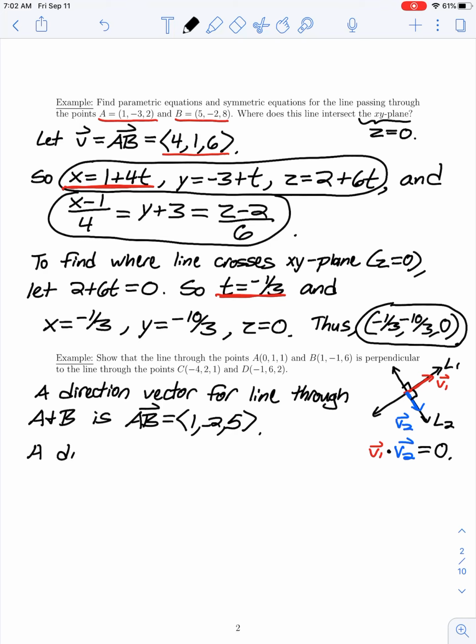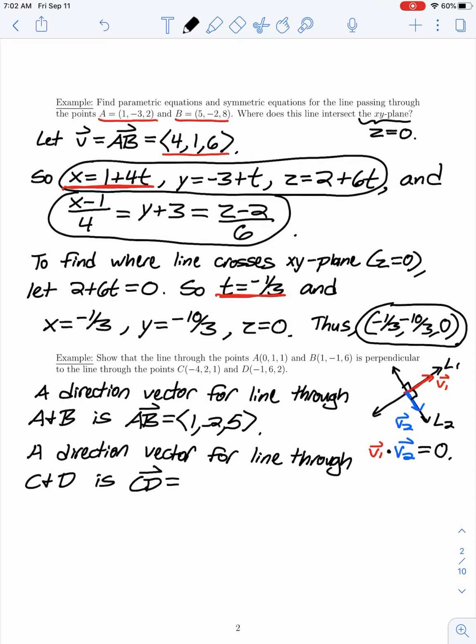And a direction vector for the line through points C and D would be the vector from point C to point D, whose components would be 3, 4, and 1.